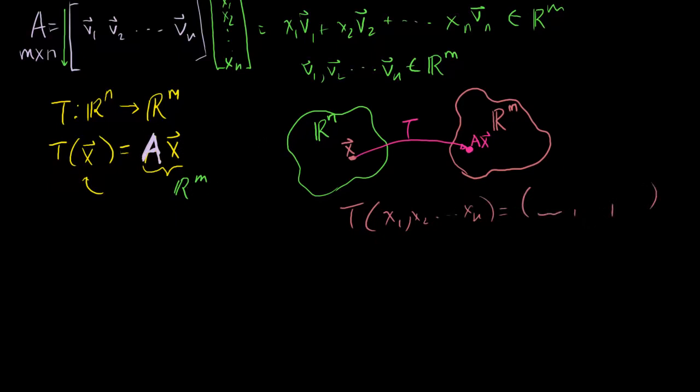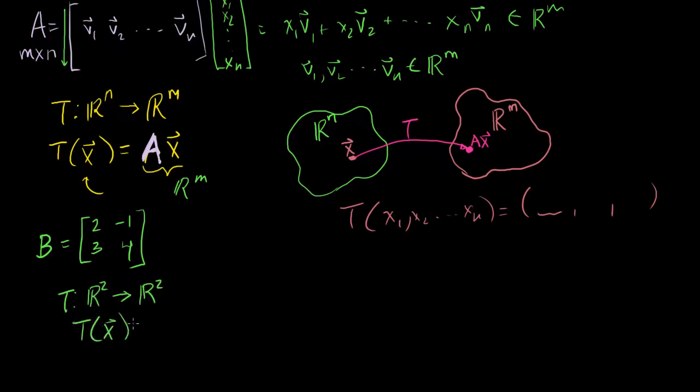Let's say I have my matrix B, and it is a fairly simple matrix: 2, -1, 3, and 4. And I define some transformation T that goes from R2 to R2, and I define T of some vector x to be equal to this matrix B times that vector x.